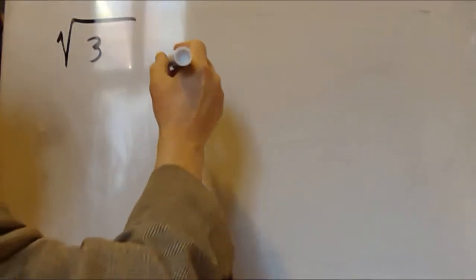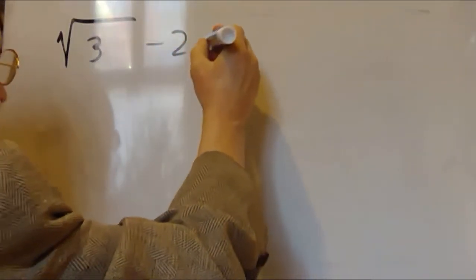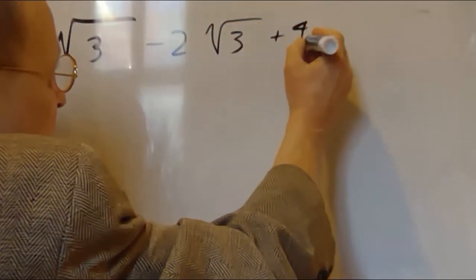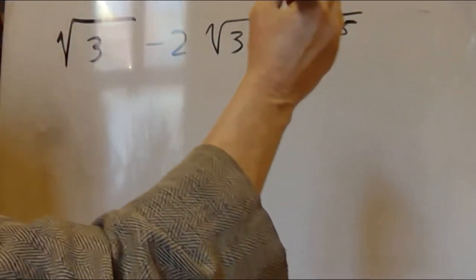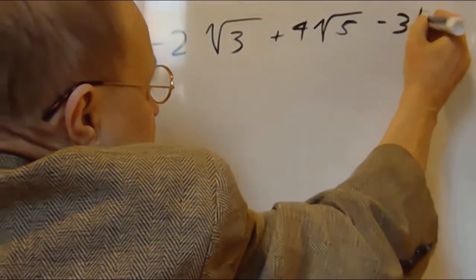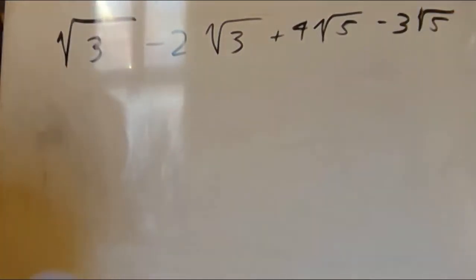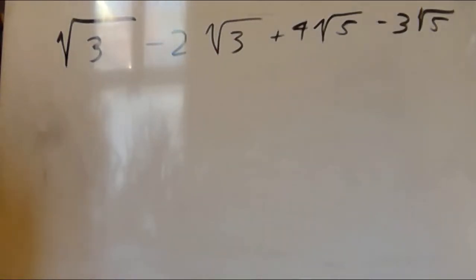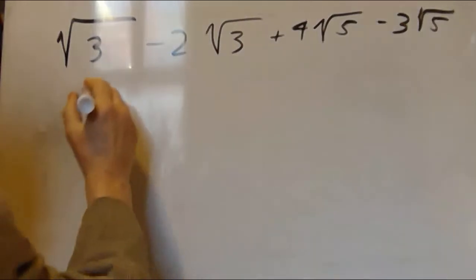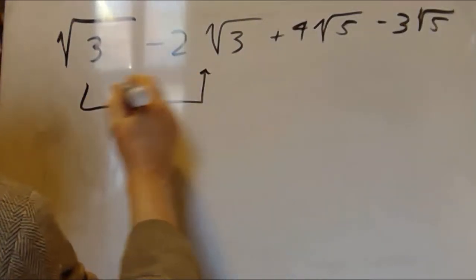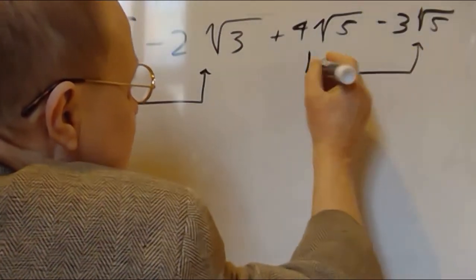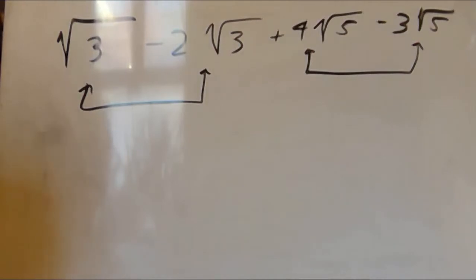In example 1, we have the square root of 3 minus 2 square root of 3 plus 4 square root of 5 minus 3 square root of 5. Now, we see we can combine these two because they both are square root of 3, and we can combine these two because both are square root of 5.